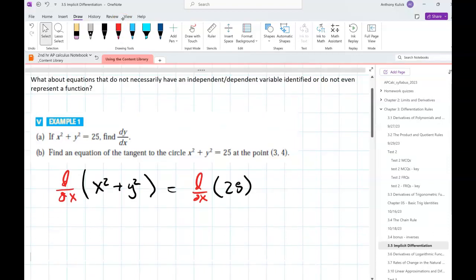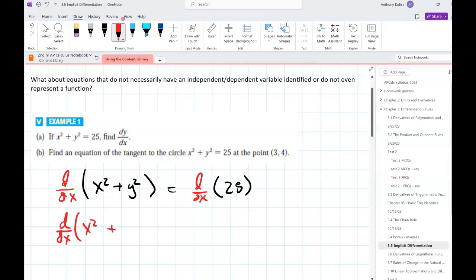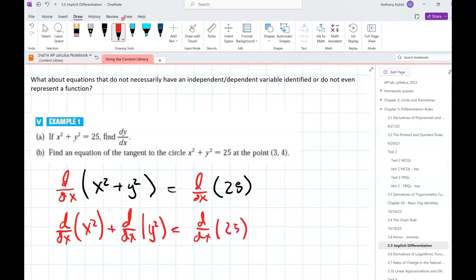Okay. Now, if I want to do the derivative of x squared plus y squared, I can think about that as the derivative of each piece, right?